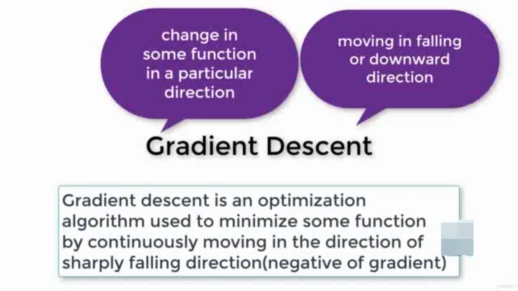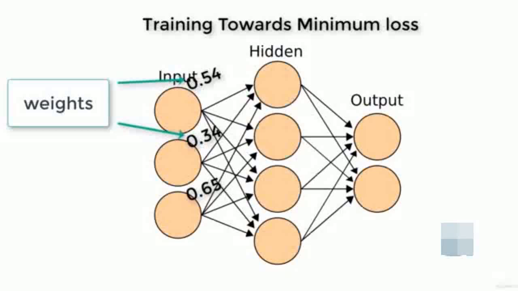Sharply falling means the negative of the gradient. In machine learning, we use gradient descent to update the parameters of our model in the direction of minimum loss, and gradient descent tells us the direction of minimum loss. Parameters refer to coefficients in linear regression and weights in neural networks.